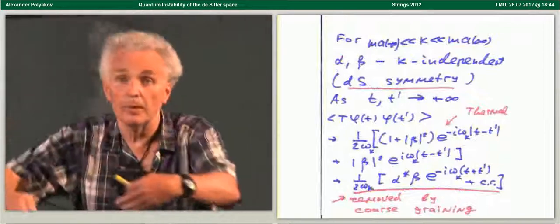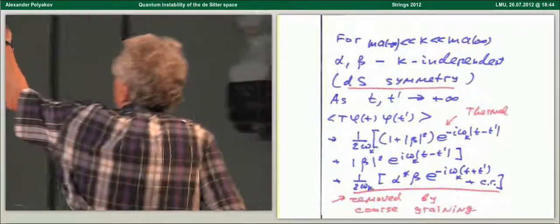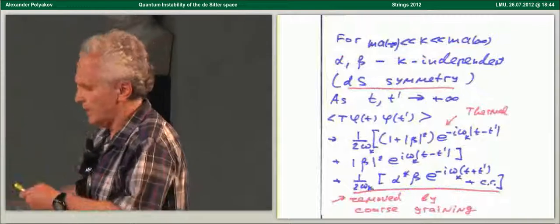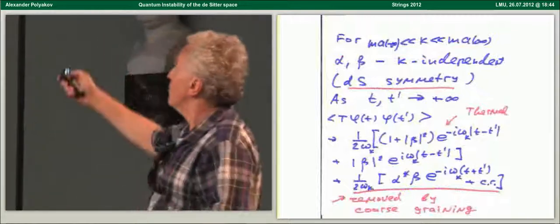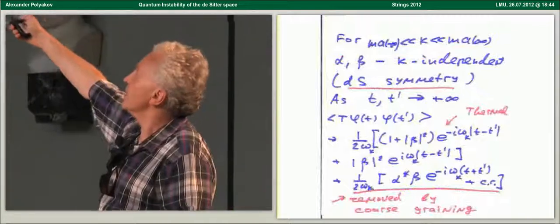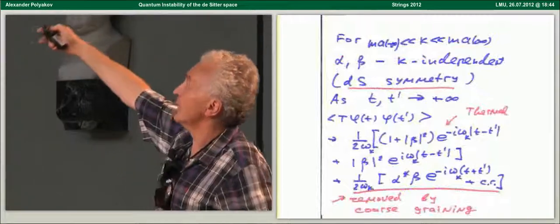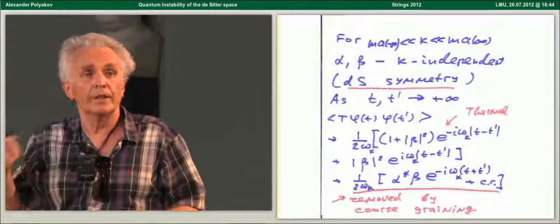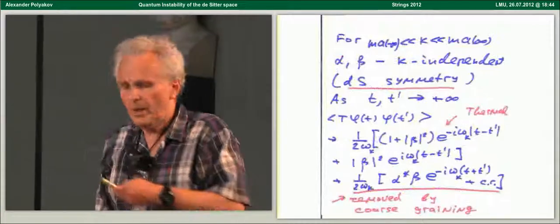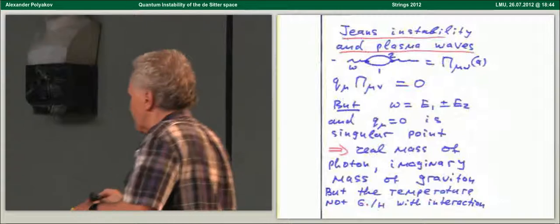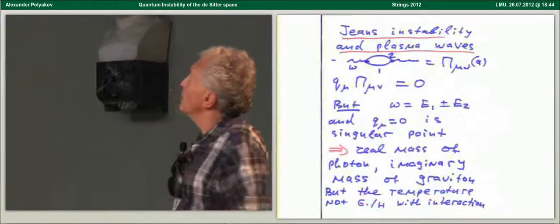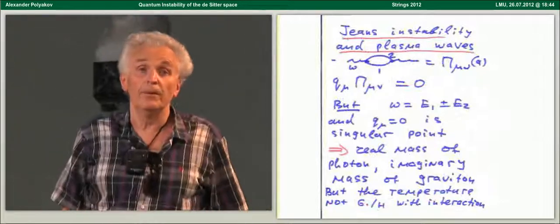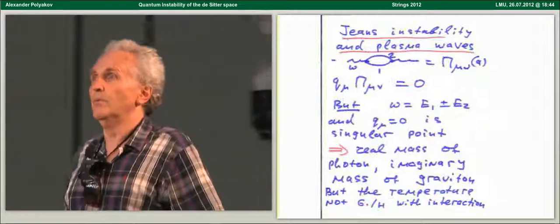We must end up with a pure state, and the full propagator is the propagator of the pure state. But if you remove the oscillating term by coarse-graining, you get a precisely thermal propagator with a temperature which is the Gibbons-Hawking temperature.